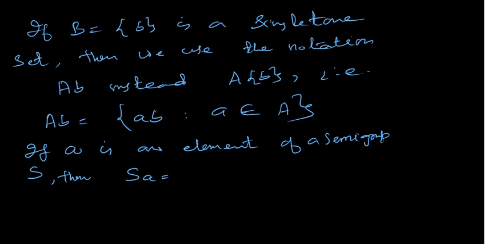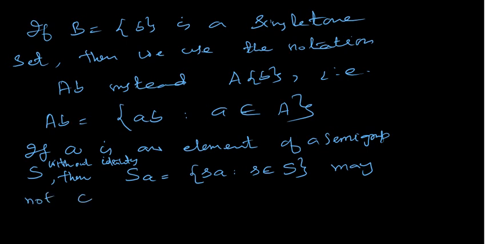Sa means this set sa, where s belongs to S. If a is an element of a semigroup S without identity, okay, इसके पास identity नहीं है, then Sa, which is called this set, may not contain the element a, or need not contain the element a.